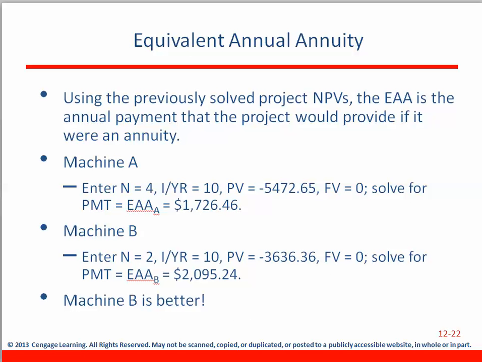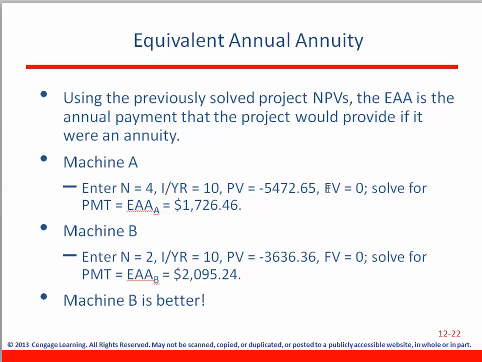An alternative way works anytime, but it works especially well when the project lives are like 6 and 9. And I don't know, the lowest common denominator life there is probably 54. So if that's the case, what you can do is you can convert the cash flows to an annuity. And so the NPV for A was $54.7265, and it lasted 4 years.